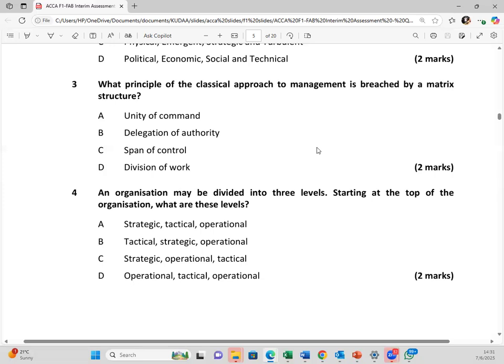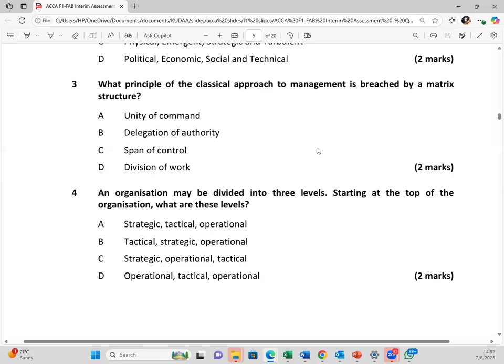There's dual command. So you don't report to one boss. So the challenge is that you might receive two conflicting orders from two different bosses. So there is the challenge of dual command. So there is no unity of command.